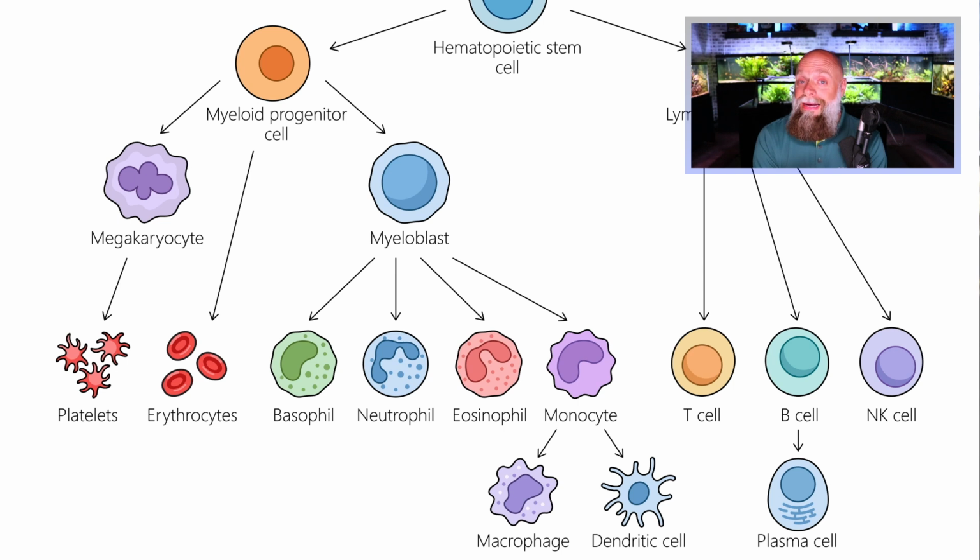In the last video, we talked about the innate immune system cells: basophils, eosinophils, neutrophils, and then the monocytes, the macrophages, and the dendritic cells. Well, in today's video, our focus is going to be on T cells, B cells, and natural killer cells, but we're still going to need those cells from the innate immune system to help us out here.